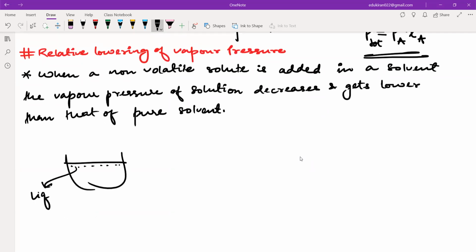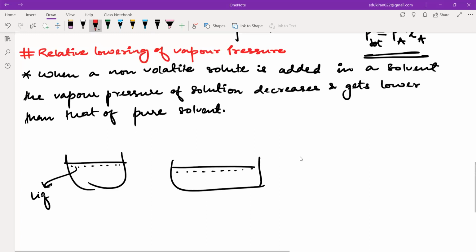But as soon as you add some non-volatile solute, on this surface you will have some particles which are occupied by the solute particles. Please don't write anything, just listen now.